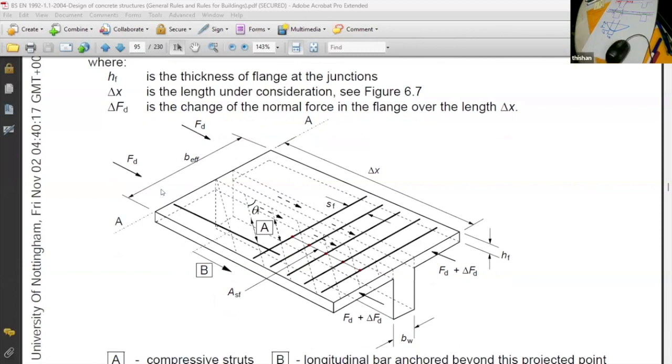So we have to make sure there's additional precaution to assure that this flange will remain intact with the web. Otherwise, if it fails, the flange will separate, and the moment carrying capacity of the beam will drop drastically. Is that clear? Yes, sir.